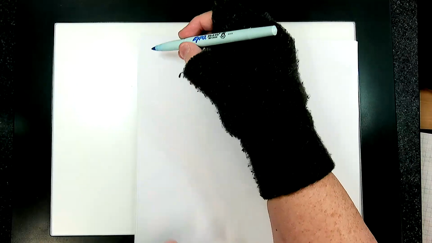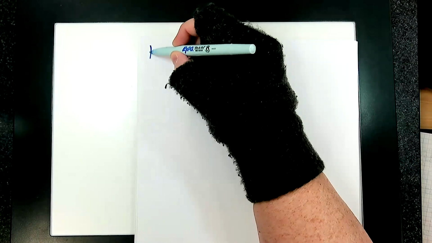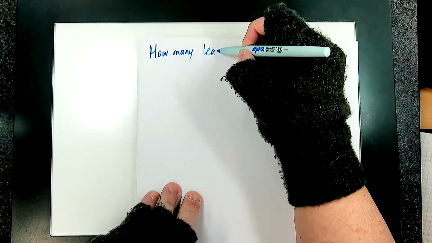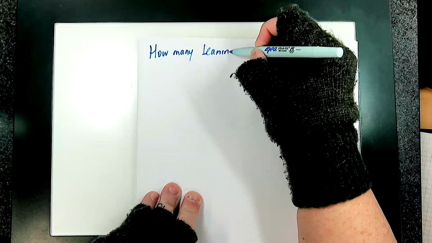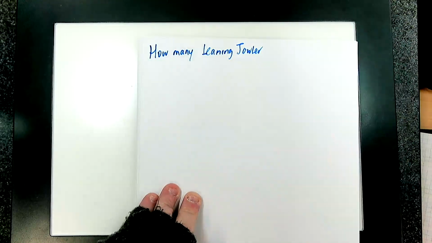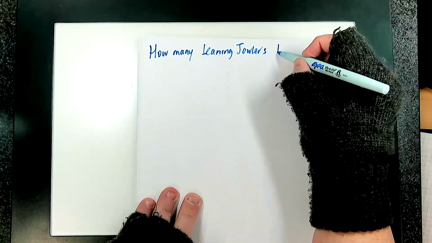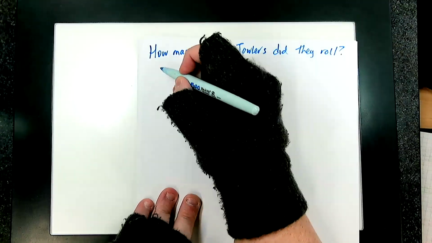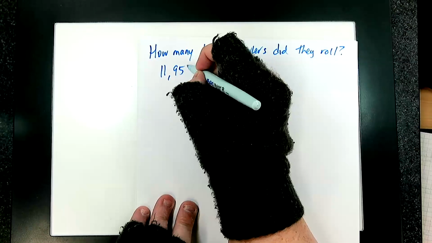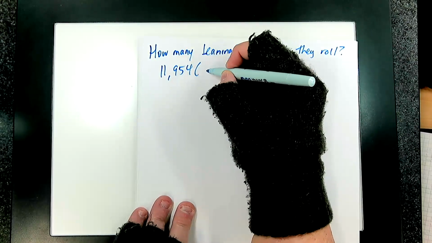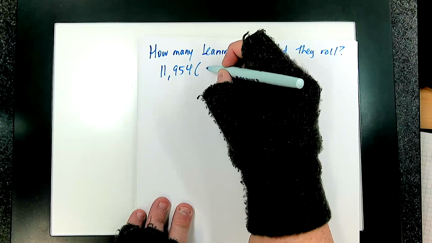Okay, so if I wanted to see how many leaning Geller pigs they threw? 72, 91, or 92? 72, 73. We're gonna take the 11,954 and multiply it by 0.61.